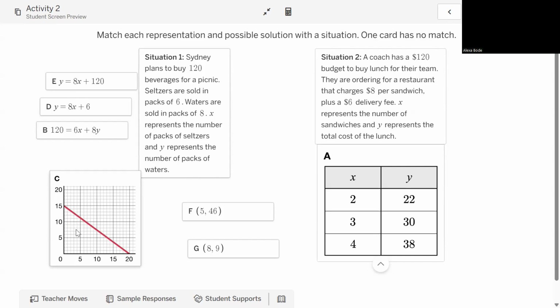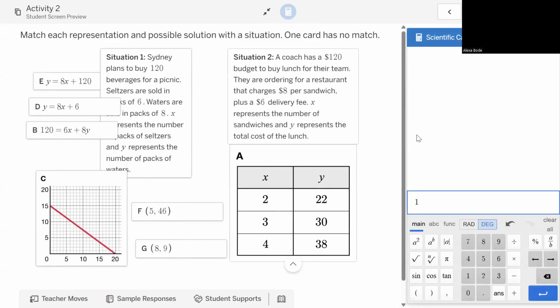Okay. So if we just think about this y-intercept point, 0, comma 15. For situation 1, that'd be 0 packs of seltzers, 15 packs of waters. So 0 seltzers means it would be all waters, and there's 8 waters per pack. So 15 times 8 in the calculator is 120.